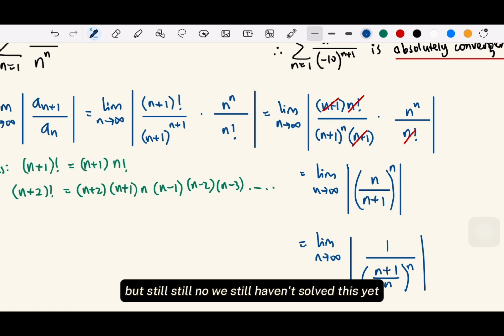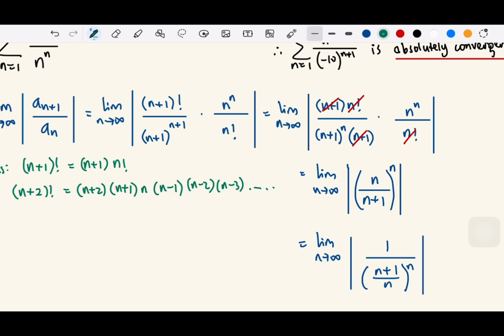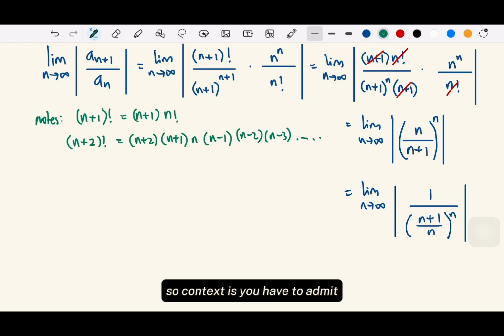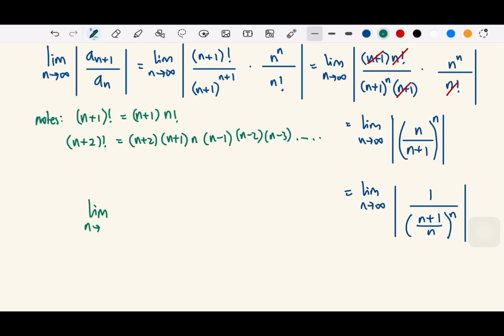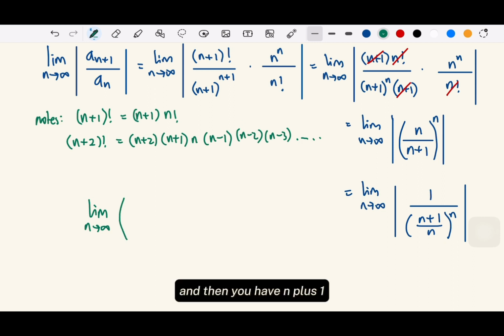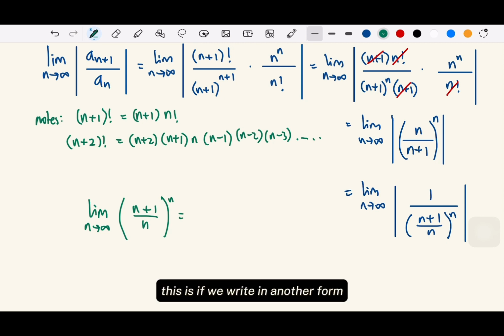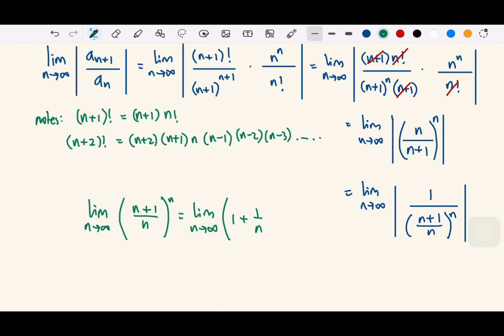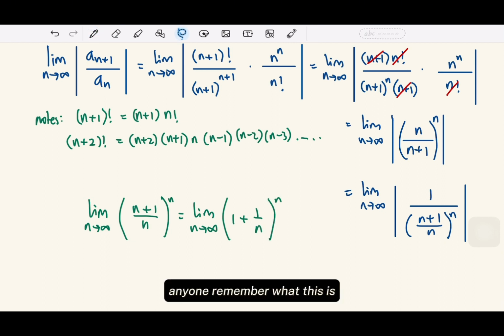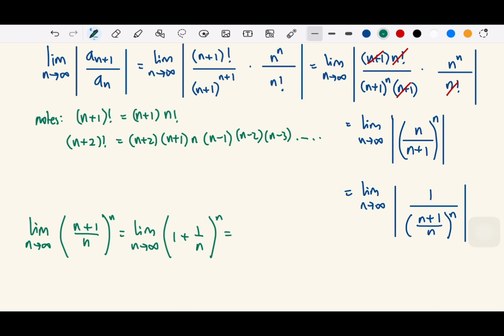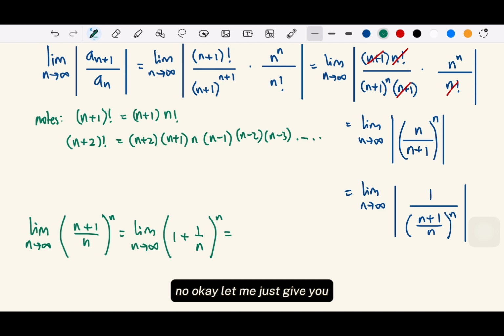But we still haven't solved this yet. Let me give you some context: you have the limit of (n+1) over n to the power n. If we write it in another form, anyone remember what this equals? No? Okay, let me give you the review.